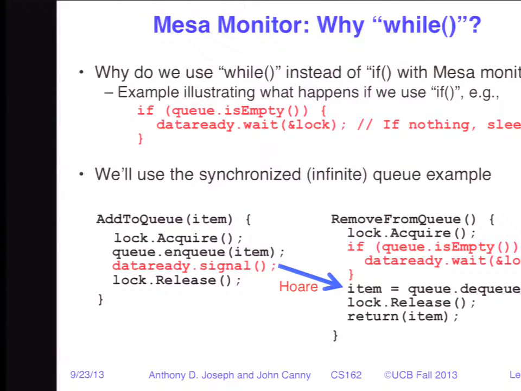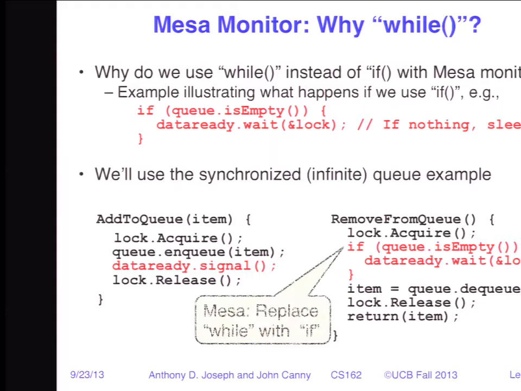Right? With Mesa style, all the signaler does is just schedule the thread. So it puts it on the ready queue. And then at some point later, the OS scheduler is going to run that thread. But the ground rules could have changed, as we'll see in a little animation in just a moment.